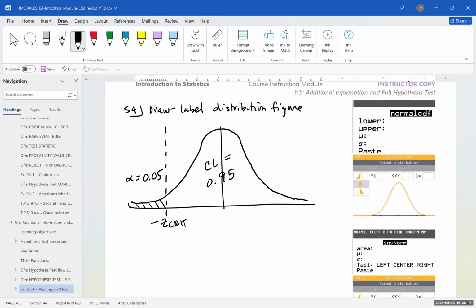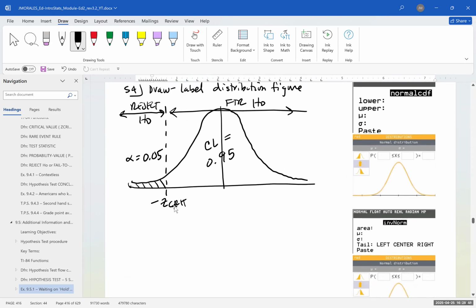This critical value defines the reject null region on one side and failing to reject the null region on the other side. Okay, now what we want to do, I think before I copy over some of the z-test statistics stuff, is let's go ahead and figure out this critical value.